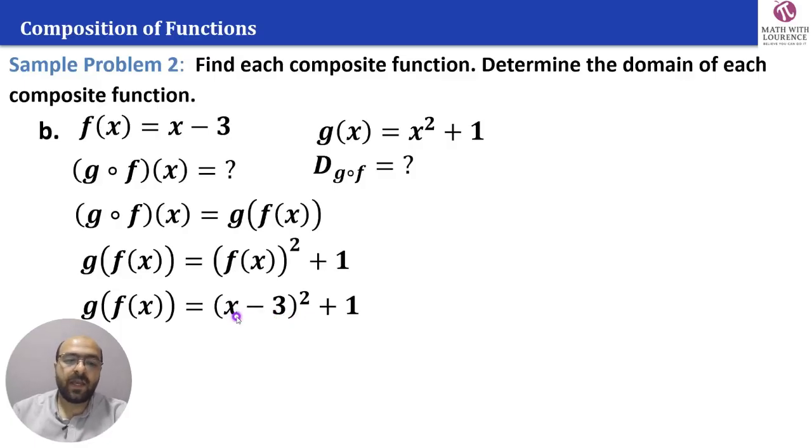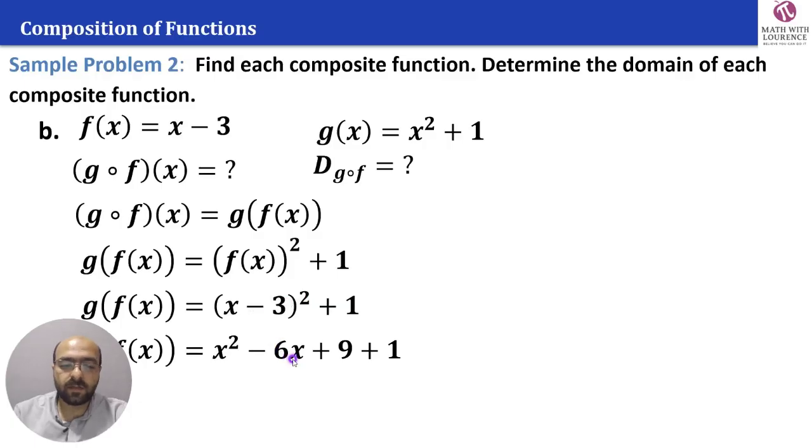Now, x minus 3 squared, I can simplify it: x squared, 2 times 3, 6 times x, 6x, and 3 squared equals 9, plus 1. Now, what can I do here? x squared, I don't have anything to combine with. 6x, I don't have any other x. But here I have number with number. Positive 9, positive 1 equals positive 10.